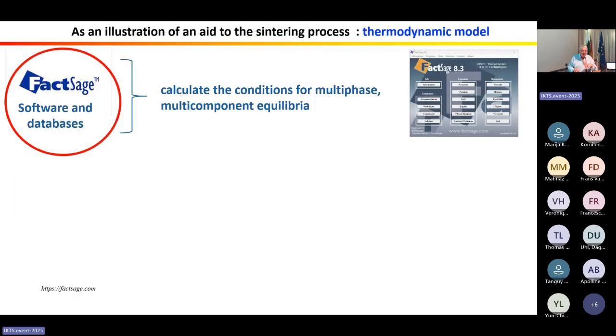A second point concerning sintering is to better know the thermochemical reactions during sintering. And we can use FactSage thermodynamics to calculate the conditions of multi-phase, multi-component equilibria.